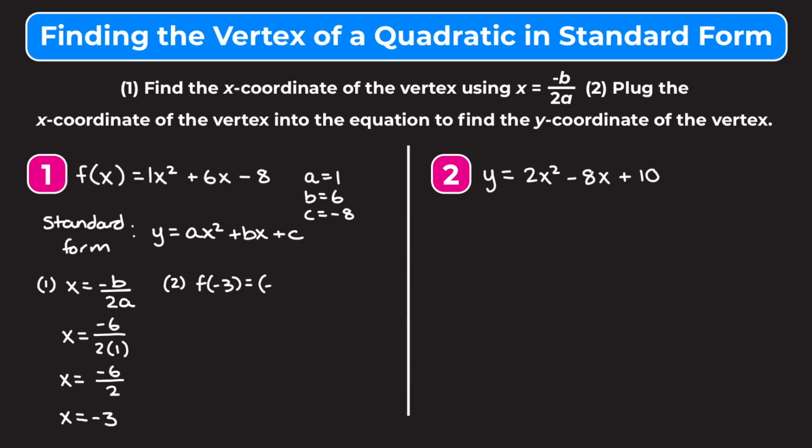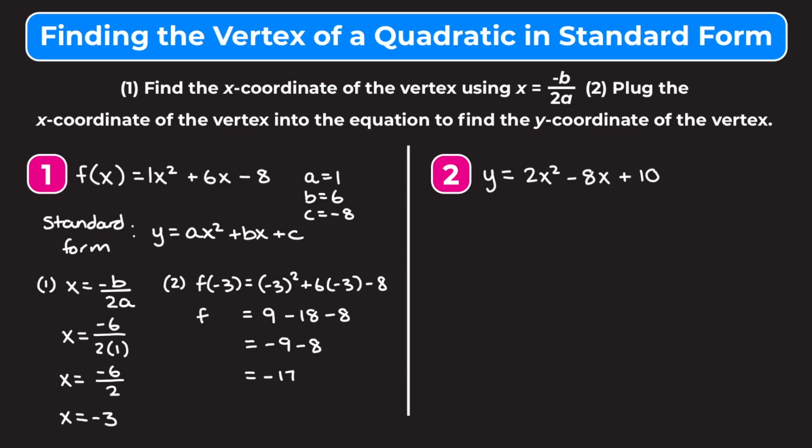So we have negative 3 squared plus 6 times negative 3 minus 8, and we simplify this. Negative 3 squared is positive 9. Positive 6 times negative 3 is negative 18. And we have minus 8. 9 minus 18 gives us negative 9, minus 8, and negative 9 minus 8 is negative 17.